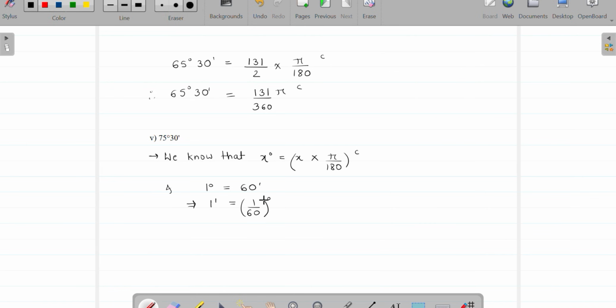We are going to use this conversion here. So first we have to convert these given 30 minutes into degree.